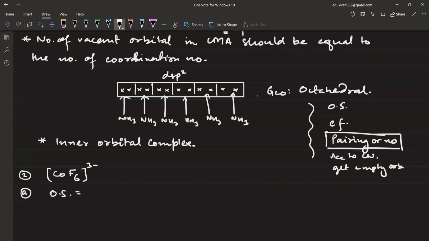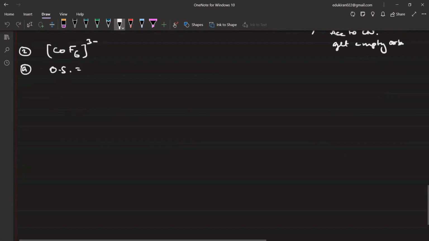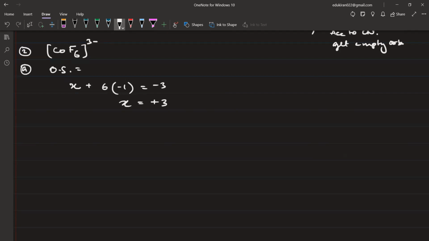All of you done? Yes. Right, next. Oxidation state. X plus 6 into how much? What is the charge on fluorine? -1. -1 will be equal to -3. So X will be equal to +3, right?